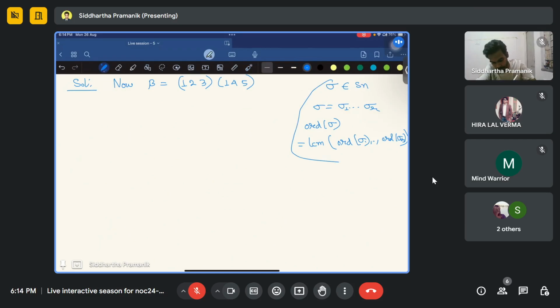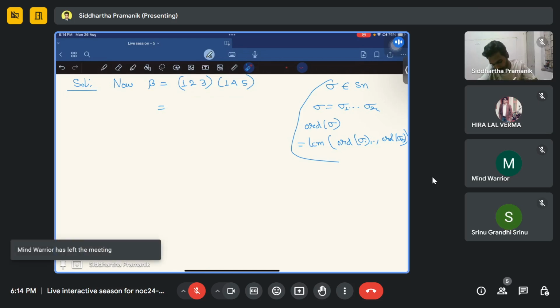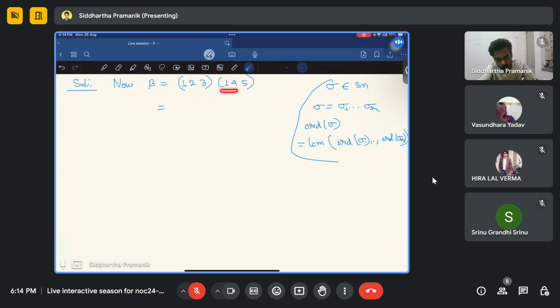So let's find it. Now see that it is not disjoint because the index 1 is common in both cycles. So let's multiply both cycles and see what we get. On the right-hand side 1 goes to 4, and in the left cycle 4 is not there, so 4 goes to 4 itself. So 1 goes to 4.